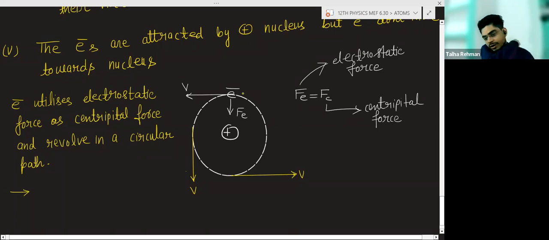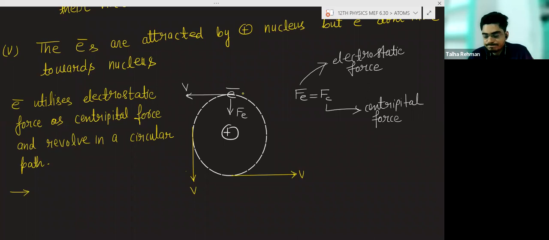I do not know whether you are getting it or not, but in 11th class you did the chapter on circular motion, and I think you do not remember it now. I told you what centripetal force is: the force required by the body to move in a circular path, and it is provided by some external force.